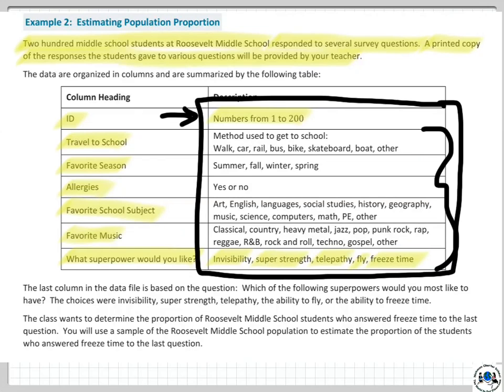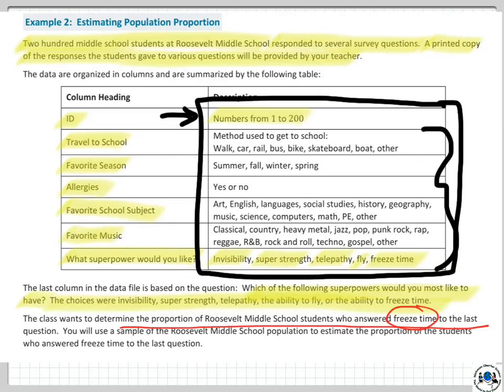Now, as I said before, the last column, the data, is which of the following superpowers would you most like to have? We're going to work with that from the class data. So the class wants to determine the proportion of Roosevelt Middle School students who answered freeze time to the last question.